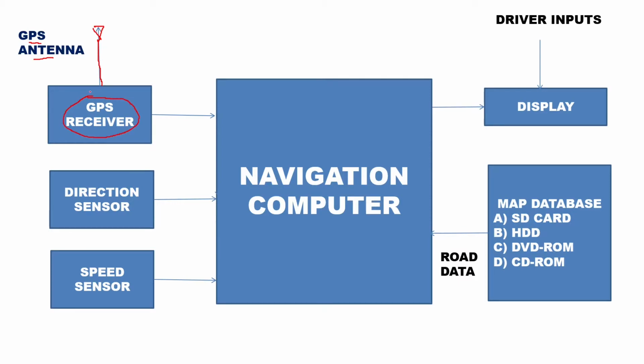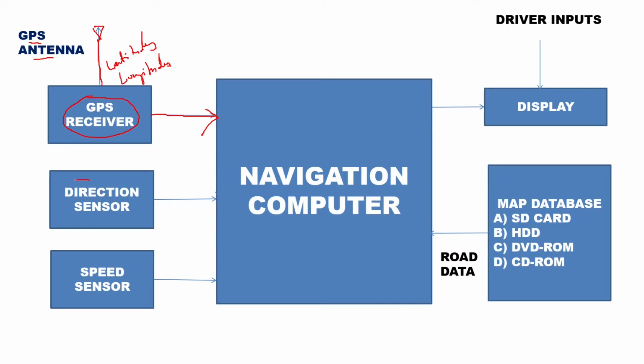The GPS receiver gets the location of the vehicle in terms of latitude and longitude, telling where exactly on the earth the vehicle is present, and that information is given to the navigation computer.